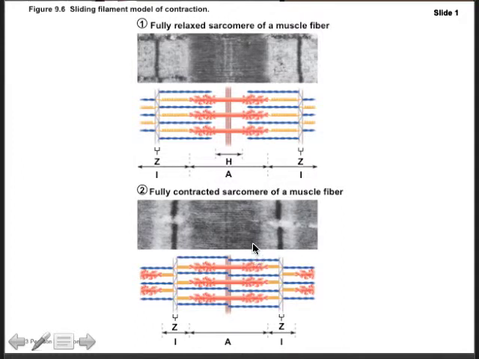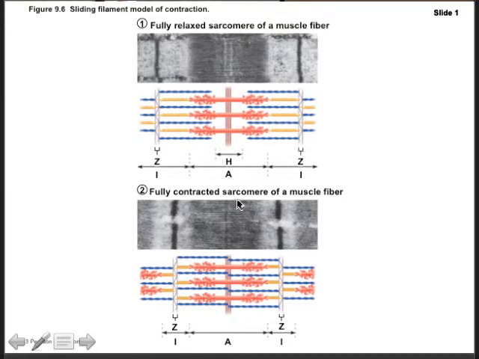The degree of overlap between the thin and the thick filaments increases. The H zone will shrink, and also the I bands will shrink. Okay, so notice how the I bands got smaller. See how the light region is very thick here and very thin here. And then see how the degree of overlap increases as the muscle pulls the elements of the sarcomere closer and closer together.